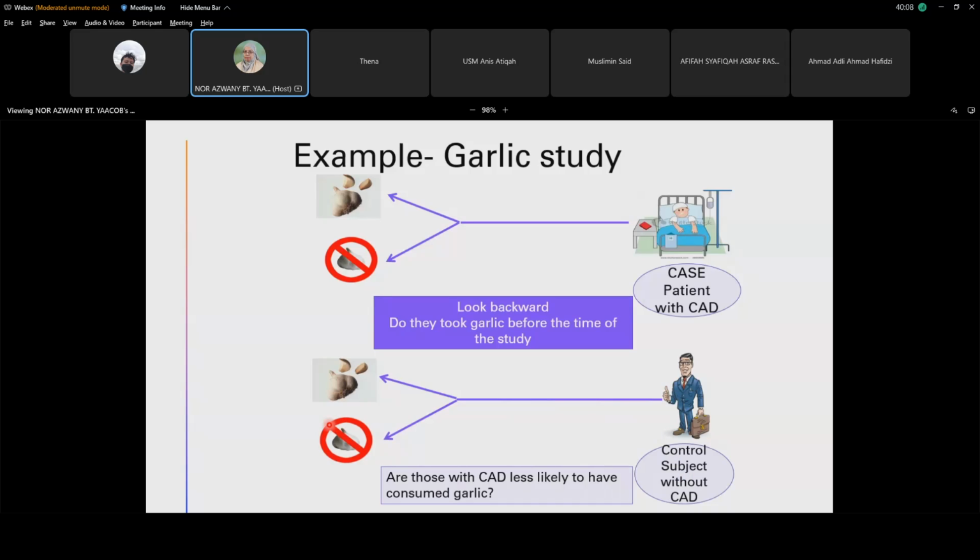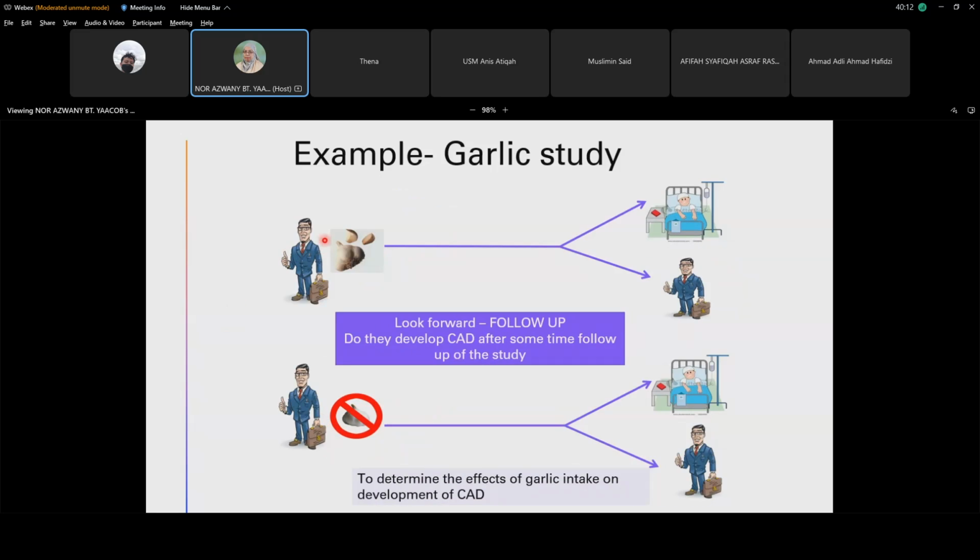If you start with those who don't have the disease but have exposure to a risk, then follow up over a certain time to see whether they develop the disease, then this is a cohort study. Just now was case control, this is cohort.